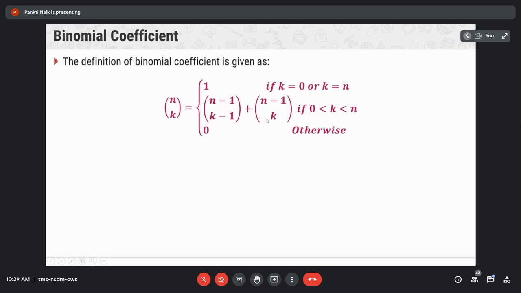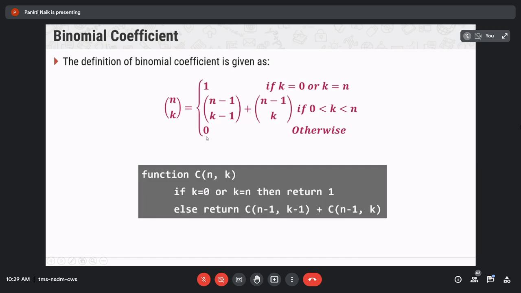And if the value of k is other than this, then nCk is equal to 0. So this is the function to find the binomial coefficient.